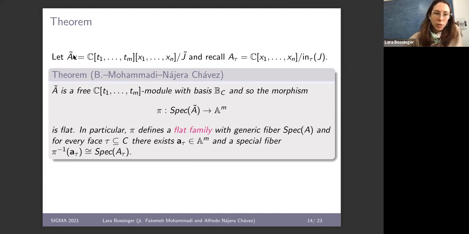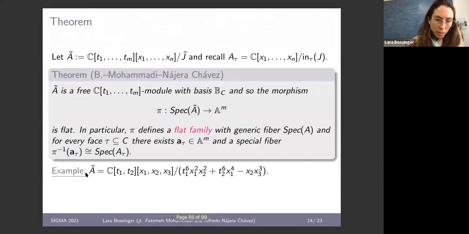The algebras A tilde for different choices of R's are isomorphic. In particular, pi defines a flat family. The generic fiber is the spectrum of A. For every face tau of my cone C, there are points in the base such that the fiber over this point is the spectrum of the algebra A tau.